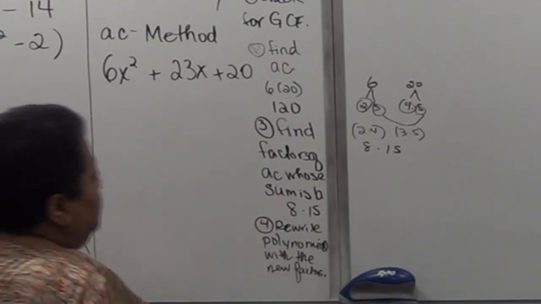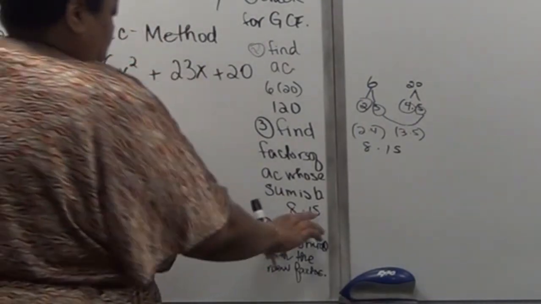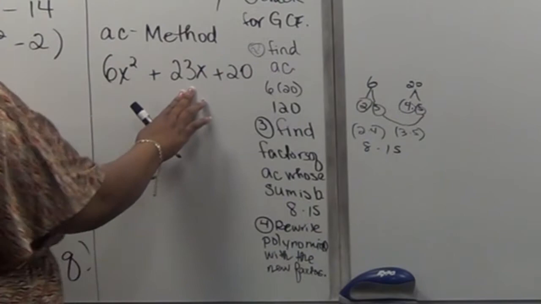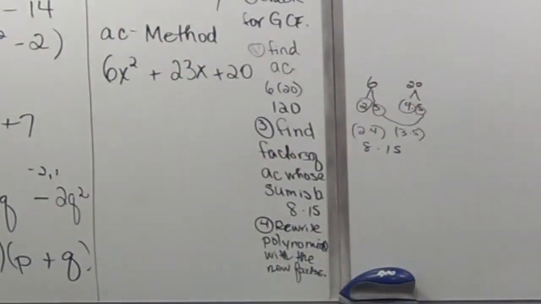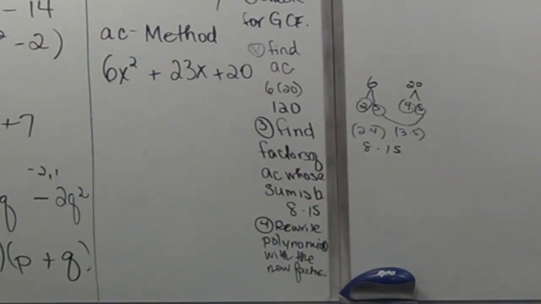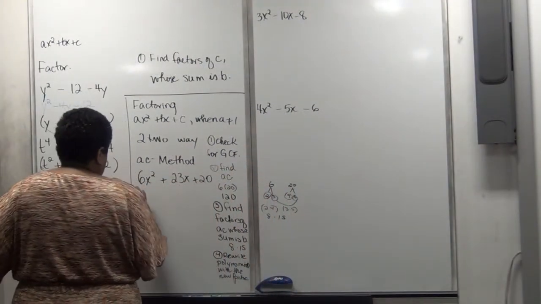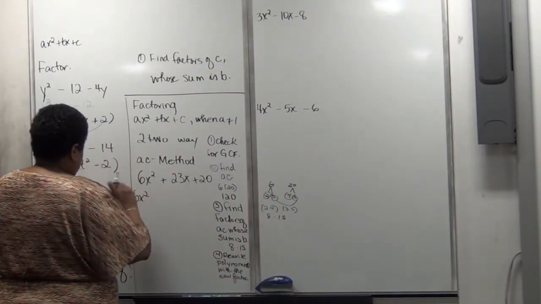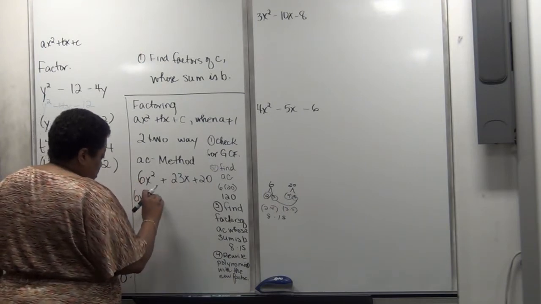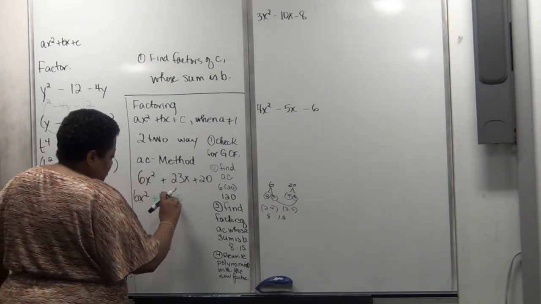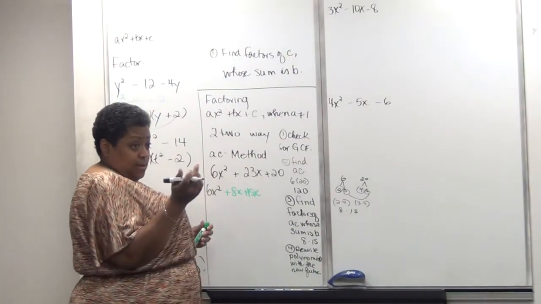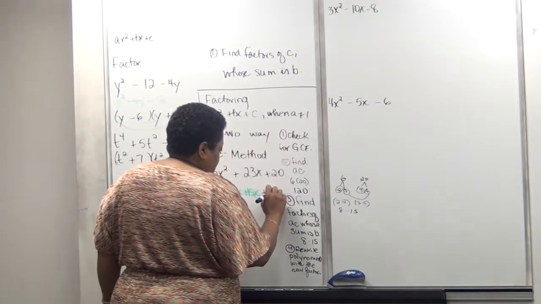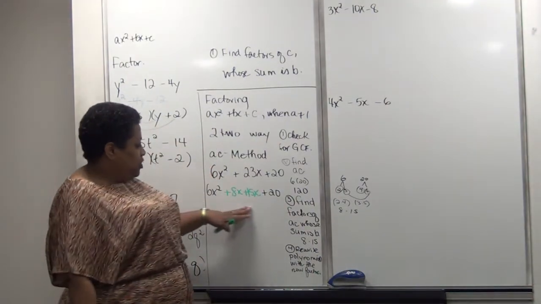We take these two factors, 8 and 15, to split up the 23. So now we want to write 6x squared plus 8x plus 15x. That adds up to 23, correct? Plus 20. So now we have 4 terms.